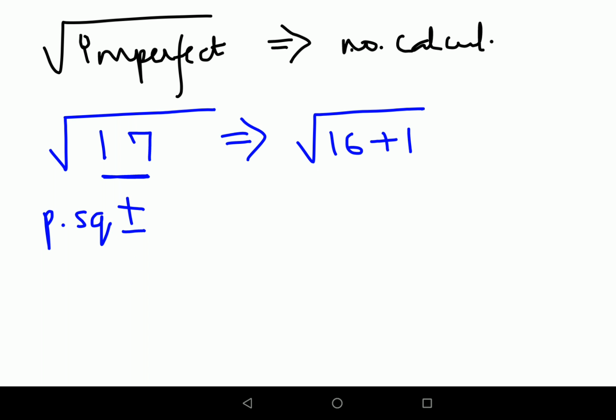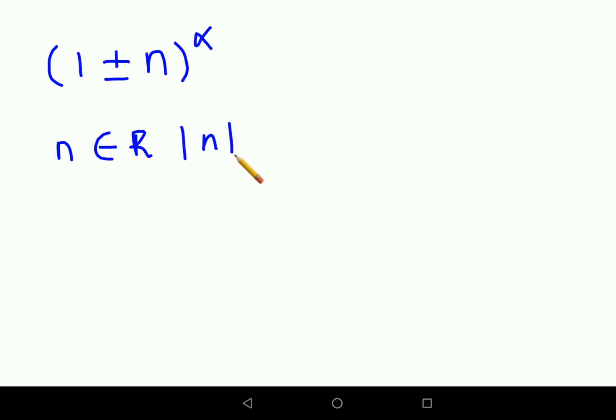Why did I do that? For that you need to understand a concept called exponents. The concept is that if (1 plus minus n) is raised to a power of alpha, and n is a real number whose modulus is very less than 1, or at most 1, then I can write this entire thing in the form of 1 plus minus alpha into n.